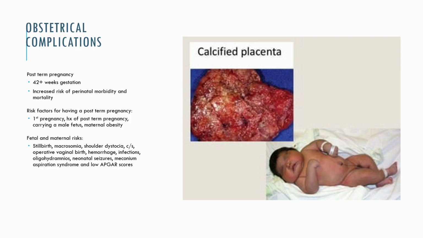Therefore, we're not getting blood supply and oxygen to our baby, which therefore the baby is no longer going to be perfusing blood to its kidneys, therefore no longer voiding or making any amniotic fluid, leading to oligohydramnios. This can also lead to neonatal seizures, meconium aspiration syndrome, which we'll talk about here, and low APGAR scores. So they highly recommend inducing labor at 41 weeks and not letting it get to 42 weeks.